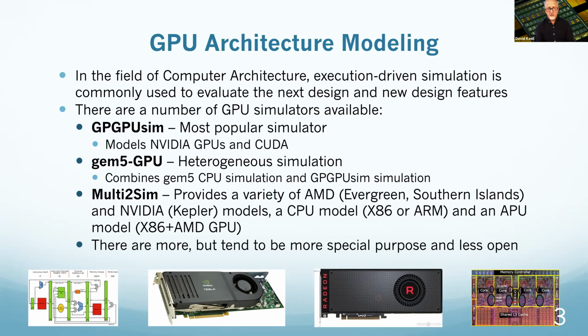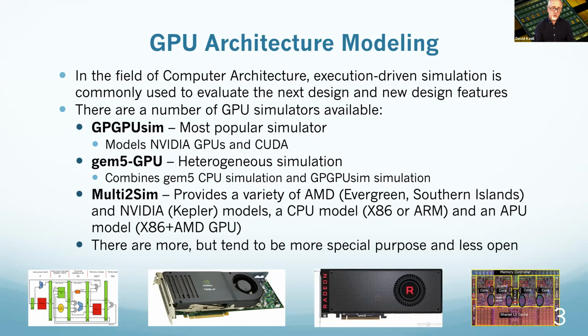Also there's been a major effort by the Gem 5 folks to combine their Gem 5 simulation with GPU Sim to have heterogeneous simulation, so a CPU and a GPU. It's a discrete GPU because you're using GPU Sim. And that's been used by a number of groups.